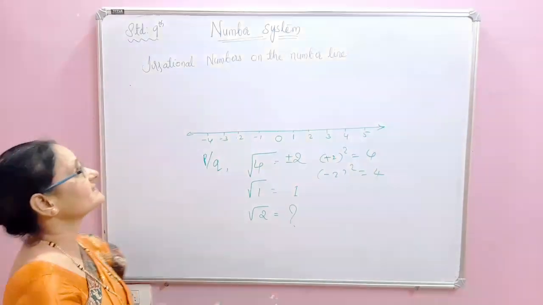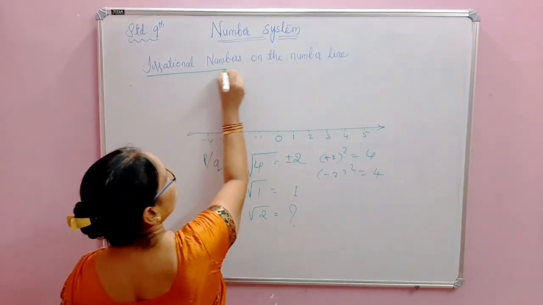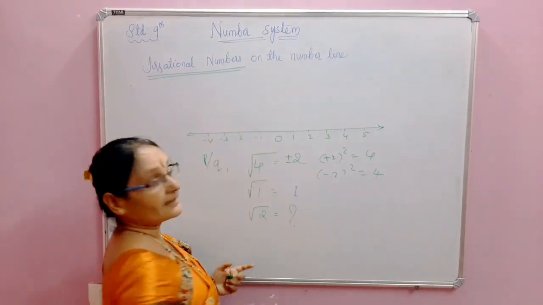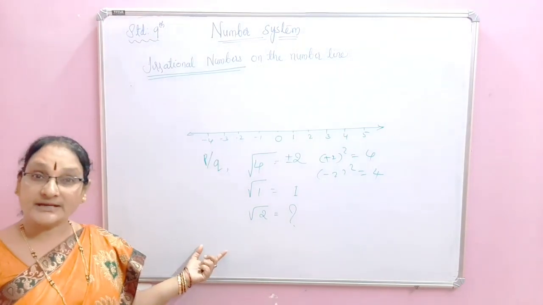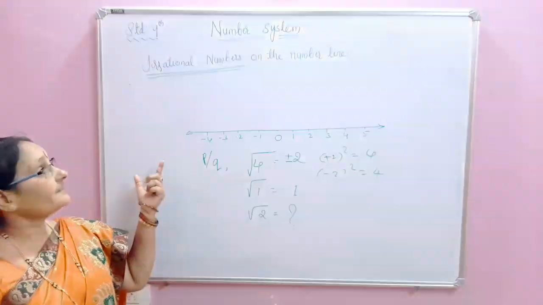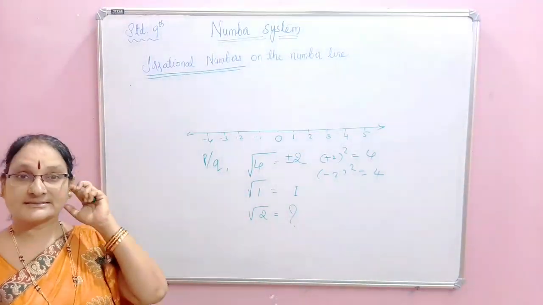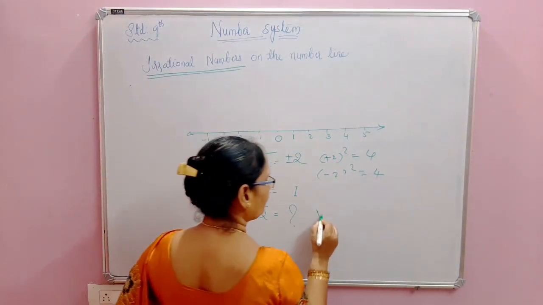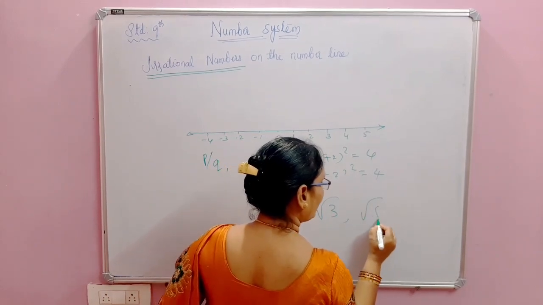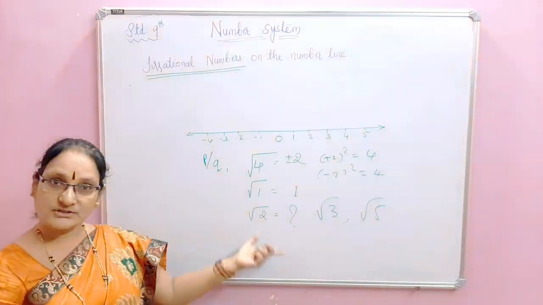We cannot. Such numbers are called irrational numbers. The numbers which cannot be written in the form of p by q are called irrational numbers. For example, root 2, root 3, root 5 and so on.